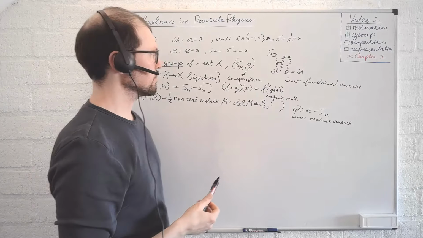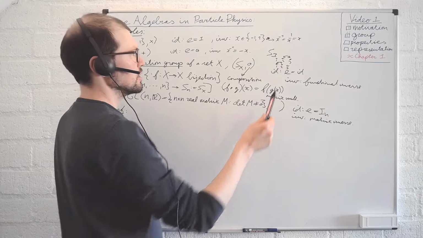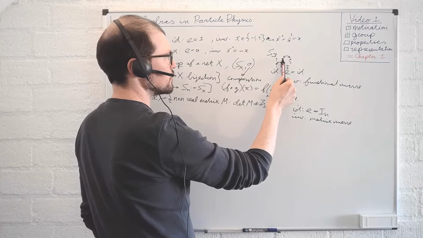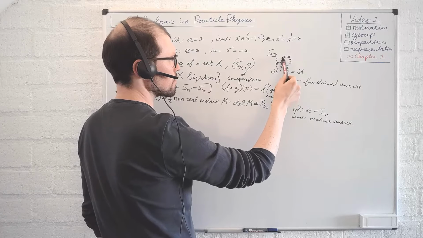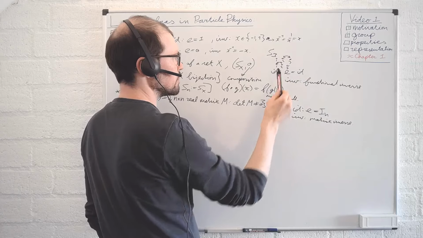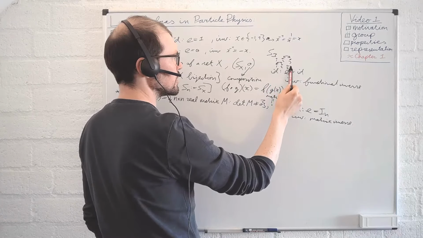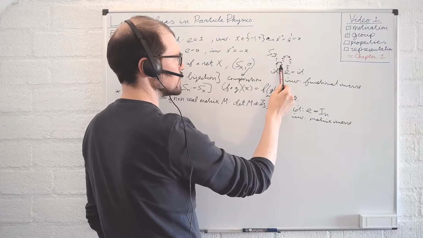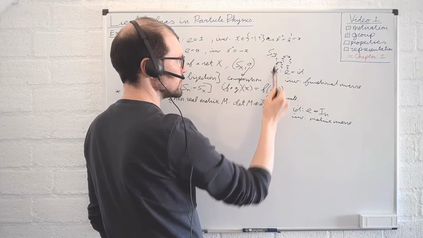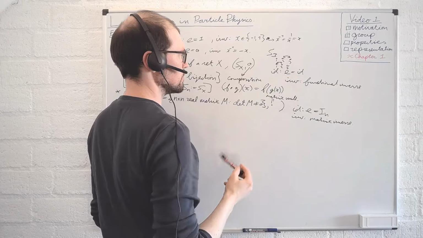For instance, if I first do this one and then that one, then 2 will end up in position 3 because it's swapped here and here nothing changes. But if I first do this permutation and then that permutation, then 2 would end up in position 1 and remain unchanged after this permutation.